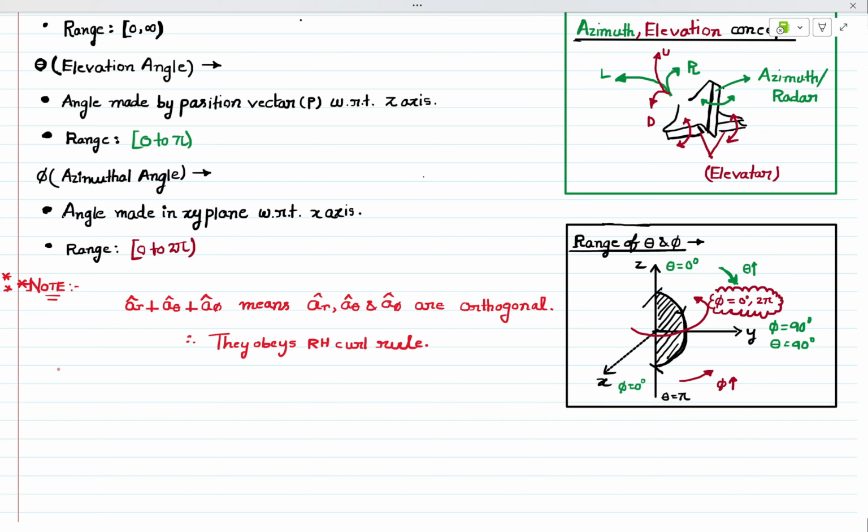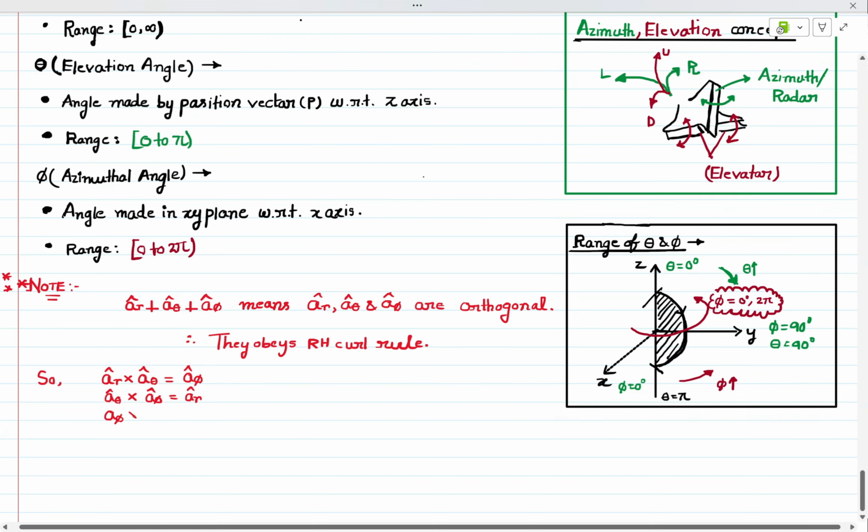Now what does the right-hand curl rule say? So I can write that AR cross A theta will be what? A phi. Similarly, A theta cross A phi will be AR, and also A phi cross AR will be A theta.